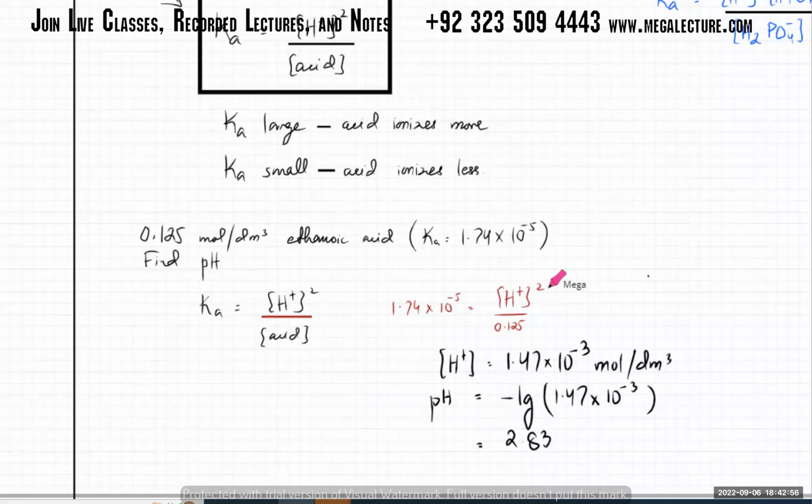The pH is not telling you whether it's a strong acid or a weak acid. It's the K value that's telling you. The strong acid's pH can come out to be 6, even 6.9. If I make the concentration of nitric acid very low, it will come close to 7 too.